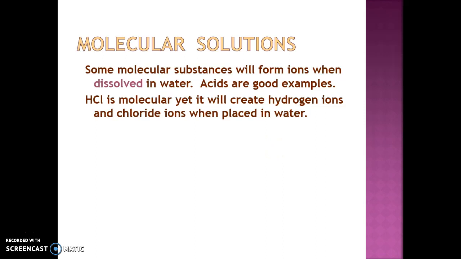Ionic compounds dissociate, molecular compounds dissolve, and on some special occasions, molecular compounds will also ionize. So you get ions forming where there were no ions before. H and Cl will actually separate into ions even though technically it is a covalent bond that created it in the first place.